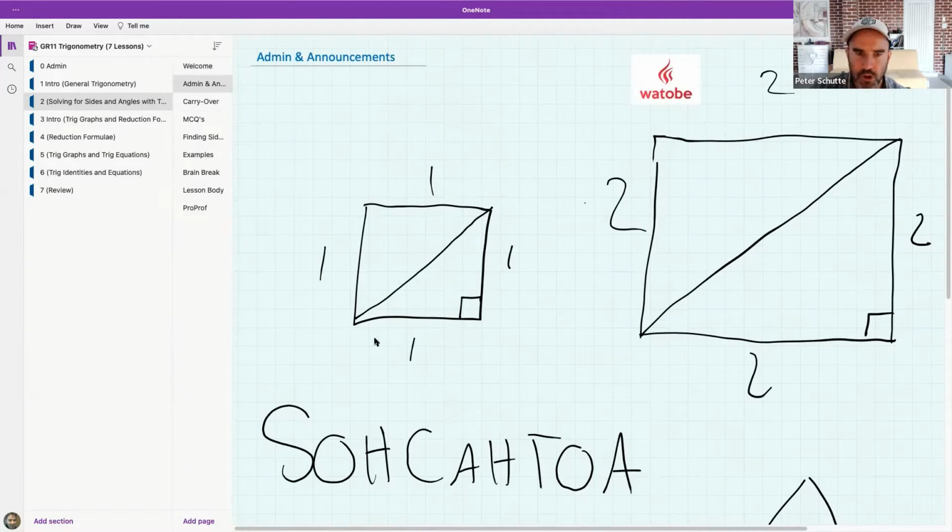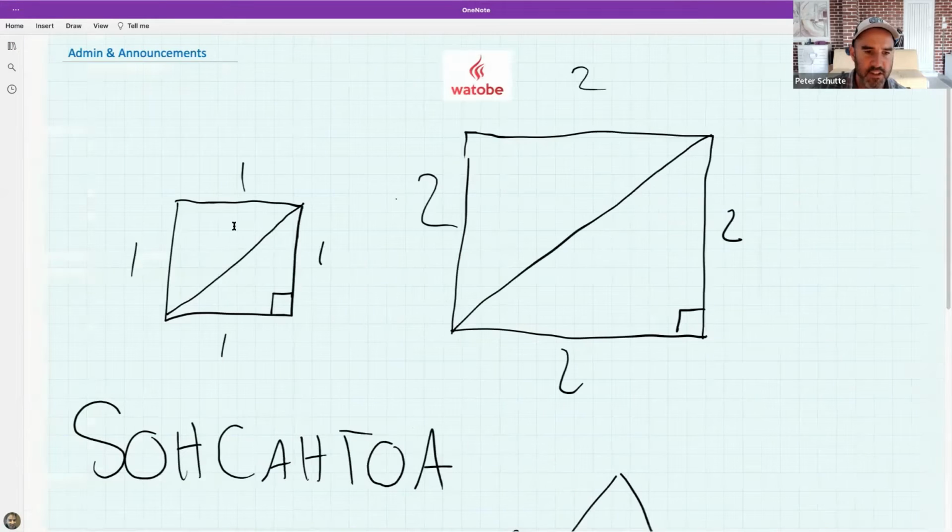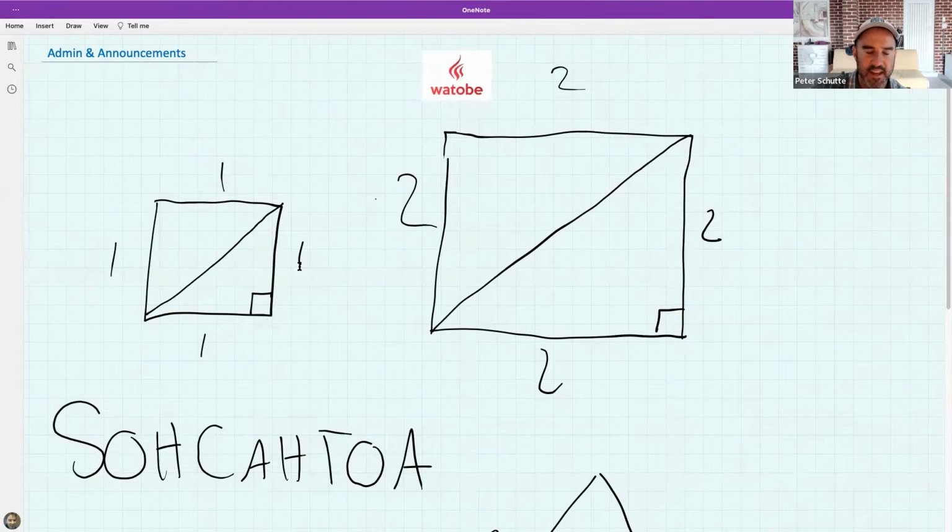Okay, so in the previous lesson, I said to you, imagine a square of 1 by 1 by 1. And if you imagine drawing a diagonal across that, you have a right-angled triangle where the angles are 45 and 45. And you could imagine doing the same thing for a square which is 2 by 2 by 2. These triangles would be similar.